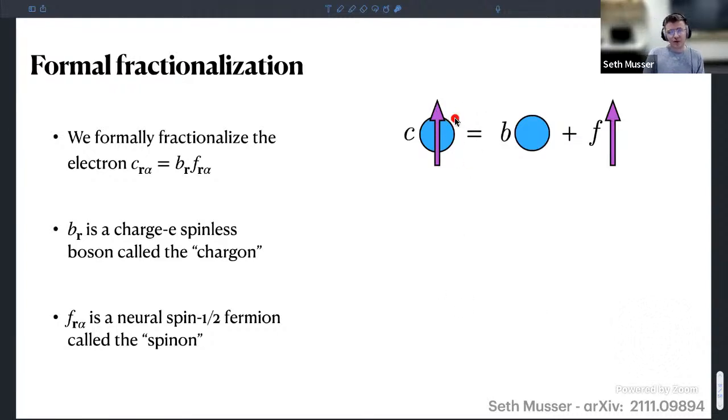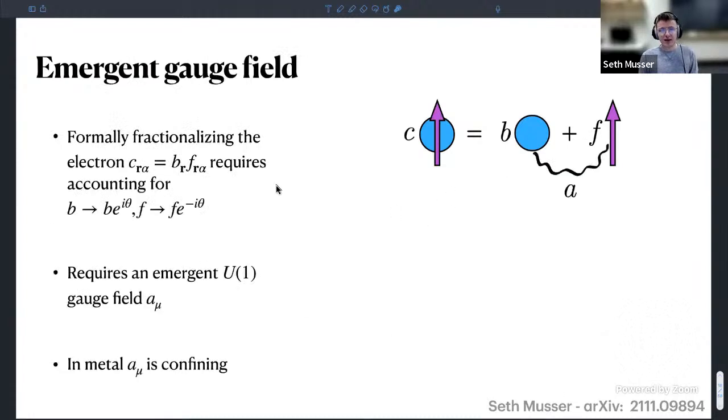What we're doing is formally writing down the electron operator as the product of this chargon and the spinon. And we find that we have this extra U(1) degree of freedom. If we multiply the chargon by a phase factor and the spinon by its conjugate, then we leave the physical electronic degree of freedom unchanged.